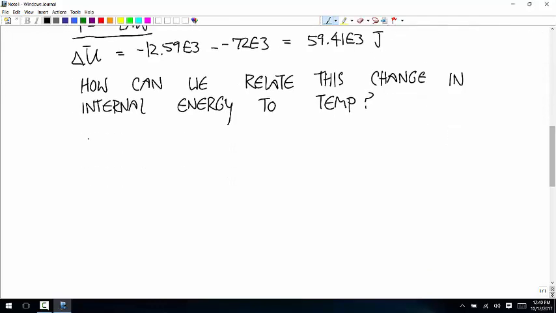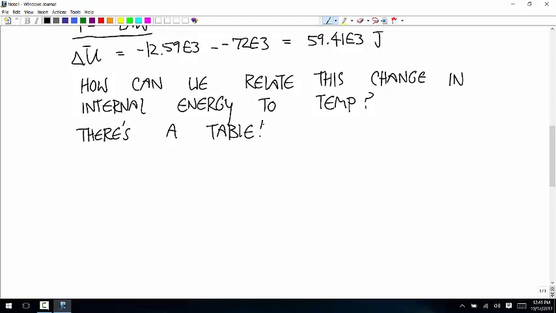And there's a table. Yeah, I mean, you would have to have some kind of function to relate the internal energy to the temperature, and we don't have anything like that.